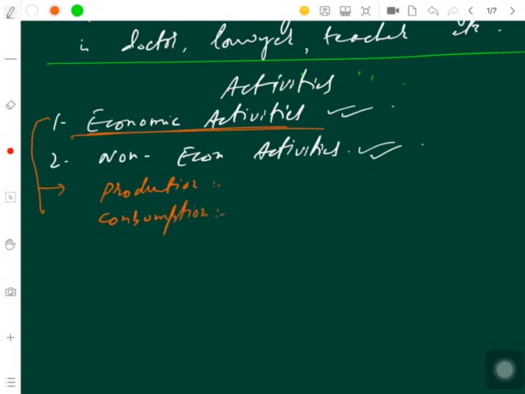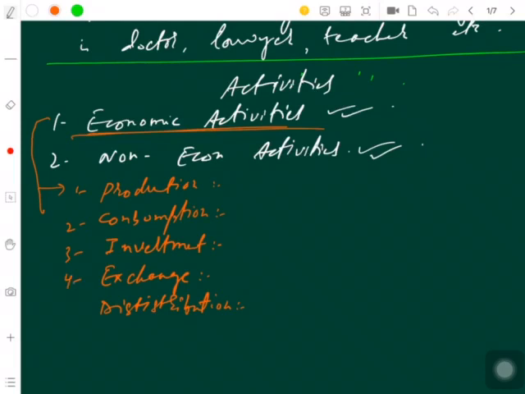Then we'll talk of investment, exchange and distribution. It has to be there. So I am taking production, consumption, investment, exchange and distribution into context, and I will explain all these things.